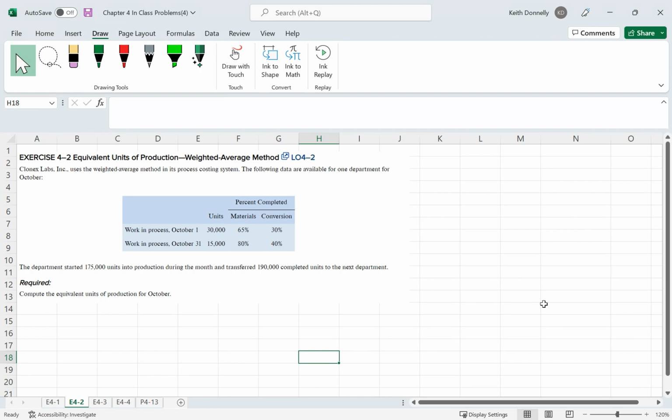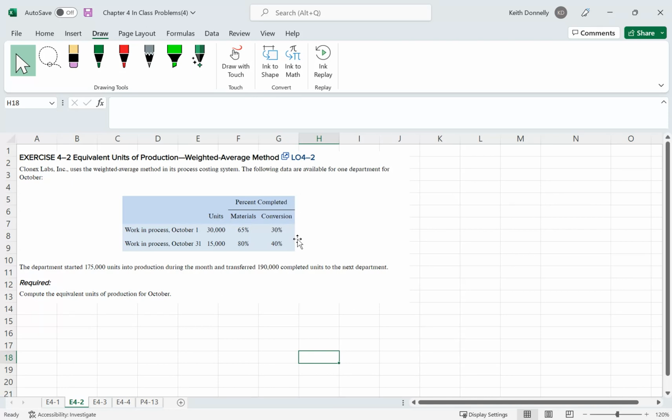So they're giving us some information about the beginning amount at the beginning of the month, then at the end of the month, with regard to how many units we have, and the percentage they're complete with respect to materials and conversion costs. And we said, conversion costs, what you're really referring to there is your direct labor and your manufacturing overhead. You kind of lump those together.